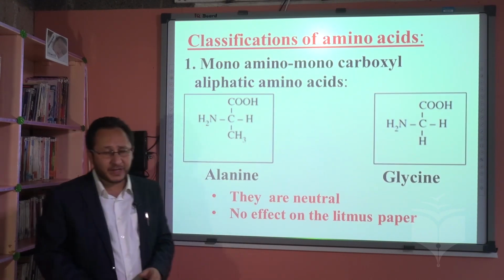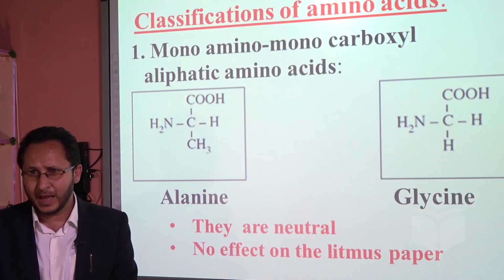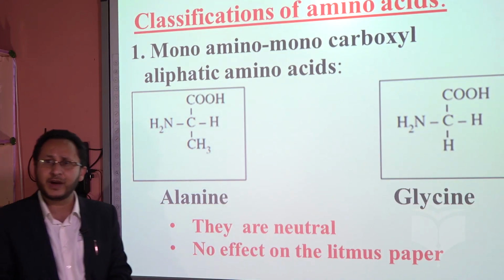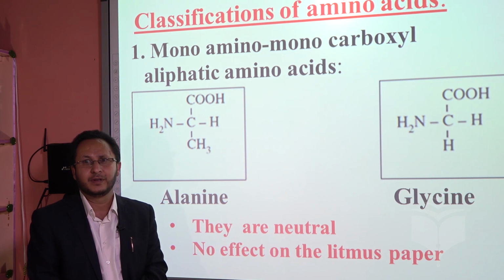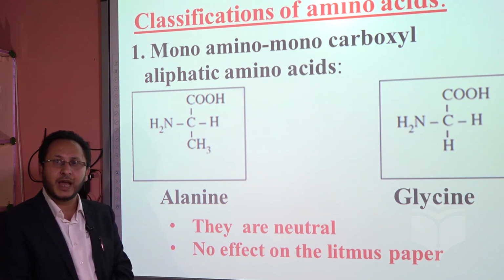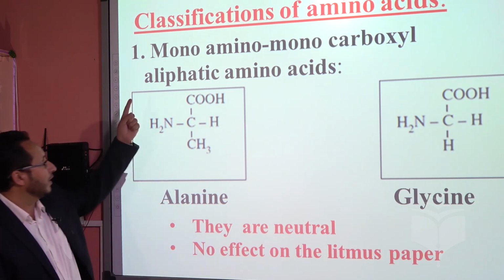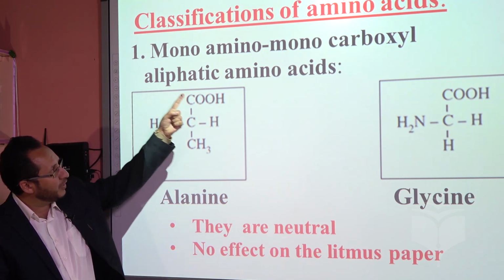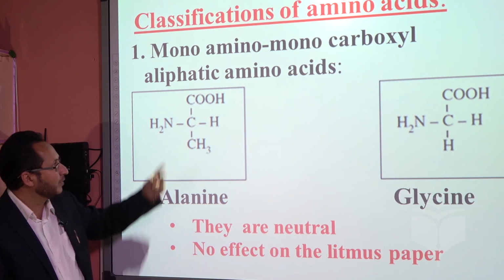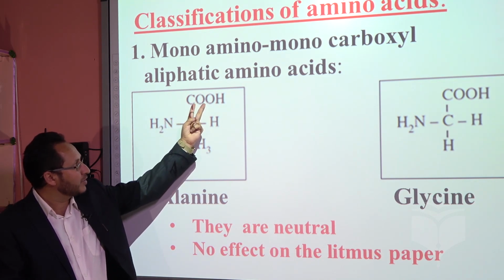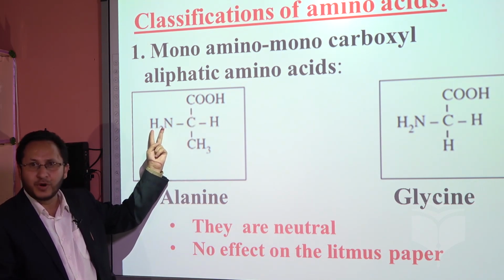Now, the classification of amino acids. Amino acids can be classified into 5 types according to the NH2 and COOH groups. The first one is monoamino monocarboxyl, which means I have one carboxyl group and one amino group.